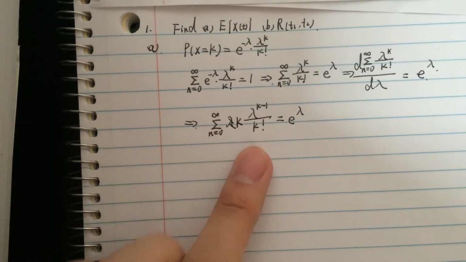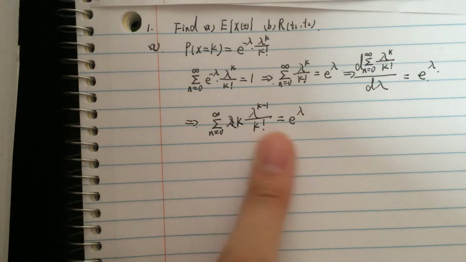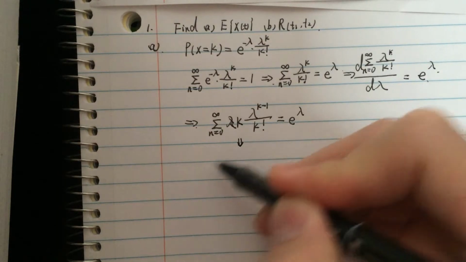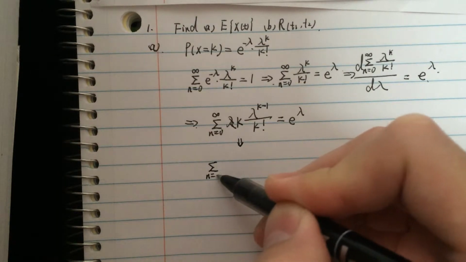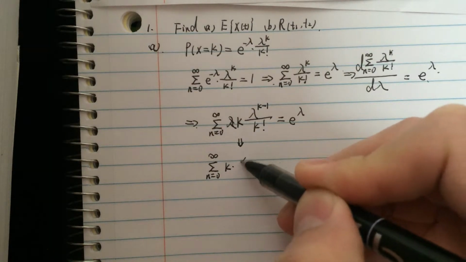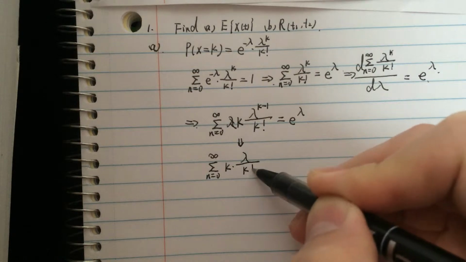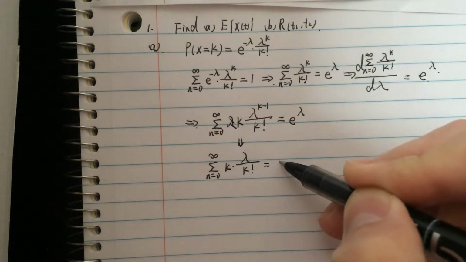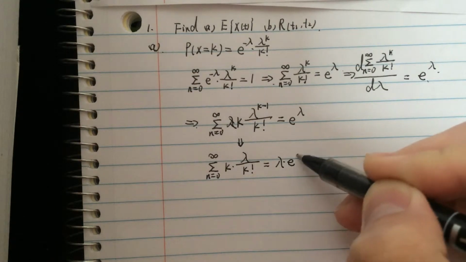And we can multiply lambda on both sides. We can get the sum of k times lambda to the k over k factorial equals lambda times e to the lambda.